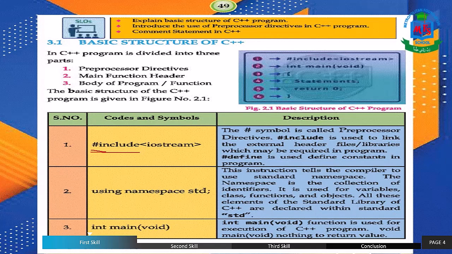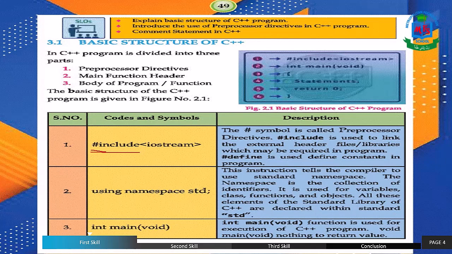Okay students, now number 3 symbol is int main. After int main, we write the round brackets. It is used for execution of a C++ program. Int main returns value 0. Now here we start our coding in this part.